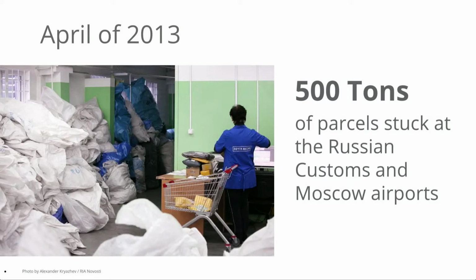And the situation was resolved only after a few days, when it was heavily covered on the national TV and press. So this happened because the Russian customs could simply not handle the increased number of packages coming to Russia.